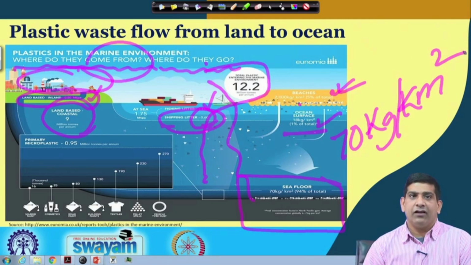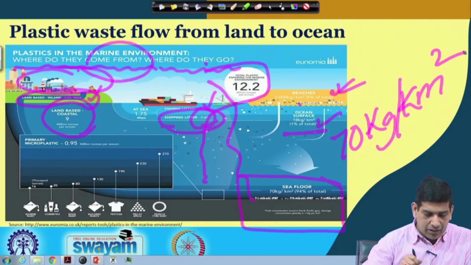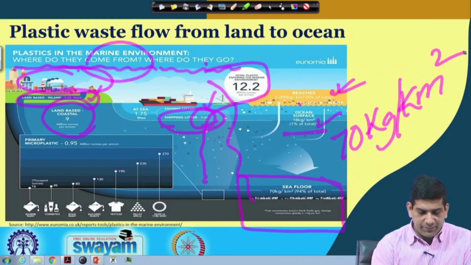So 94% of the plastic is ultimately getting to the sea floor, on the sea bed, where this plastic is just sitting there. Then we have primary microplastics as well. We will talk about that in a minute.